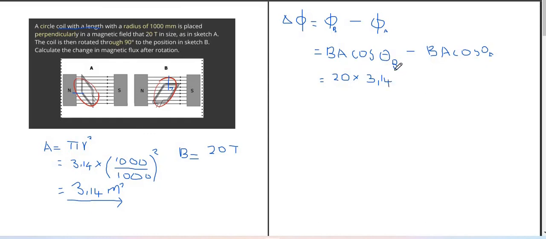Put this whole thing in a bracket, multiply by cos of theta B, which is 90. By now you should already know that the cos of 90 is 0.